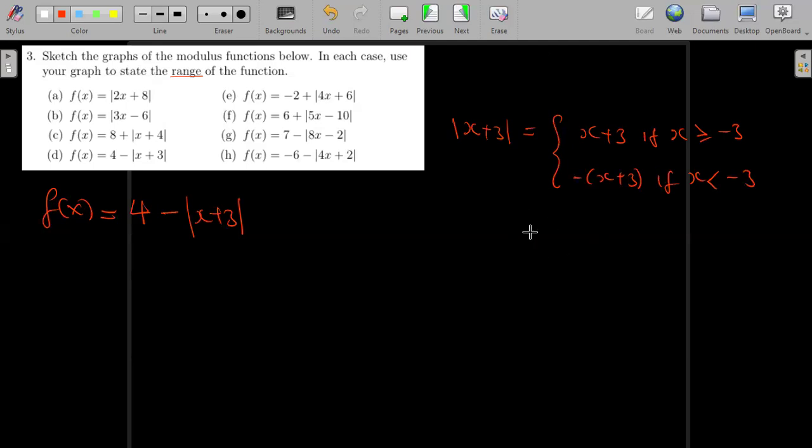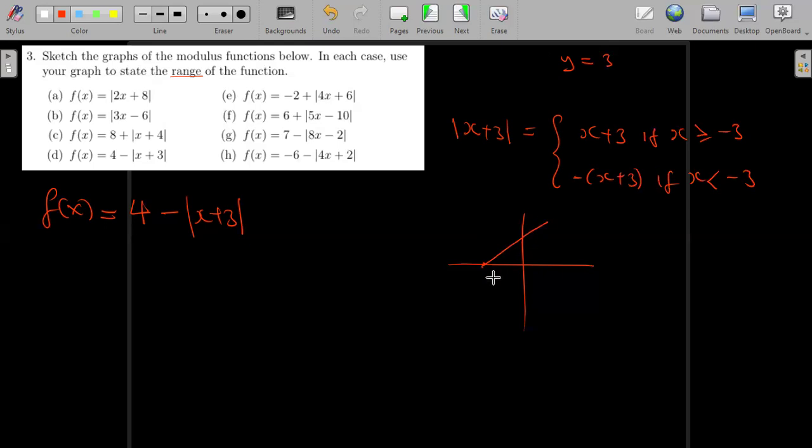Of course, I can sketch that again. Sketching this here, what do I get? I have the negative 3 here. What is my y-intercept? When x is 0, I get y equal to 3. So that's my y-intercept.